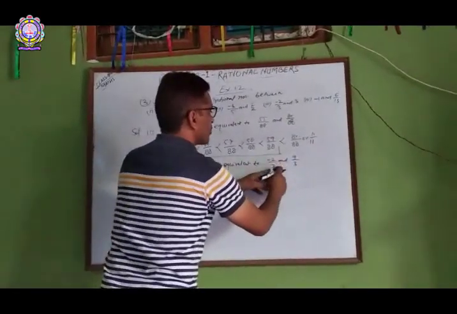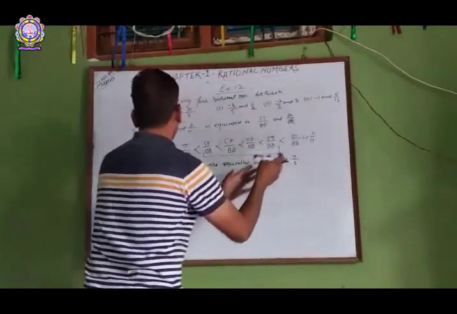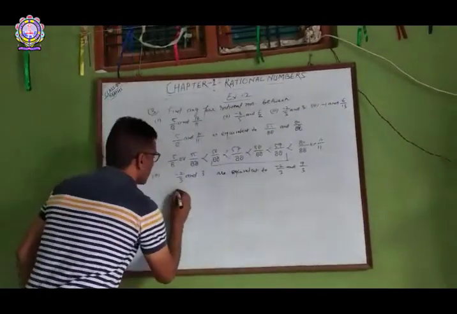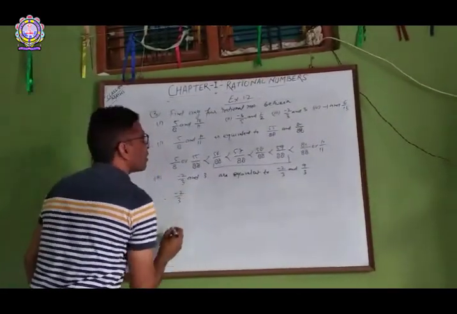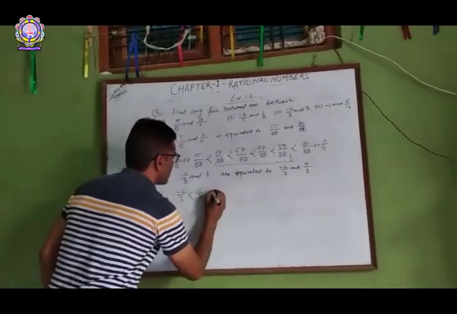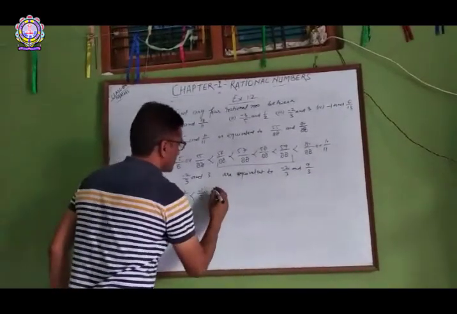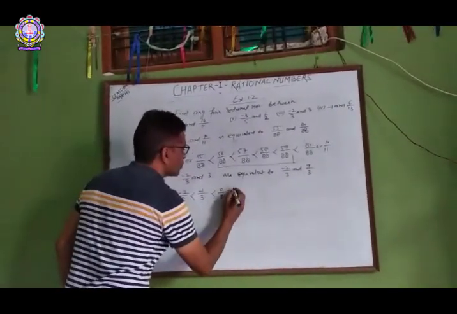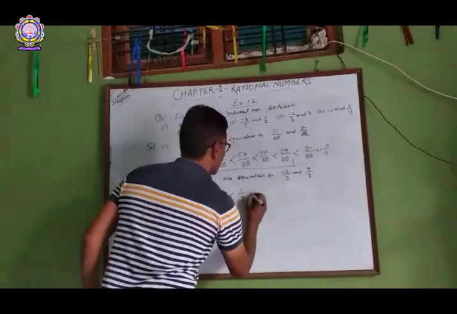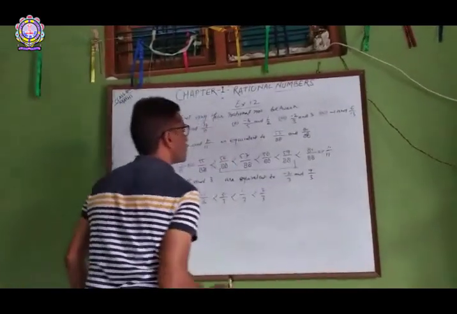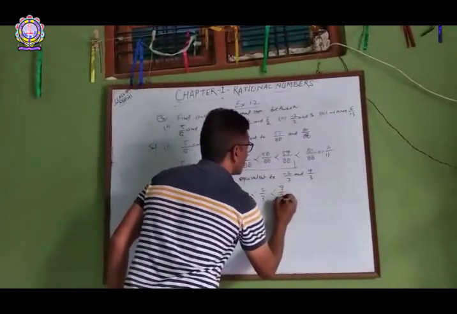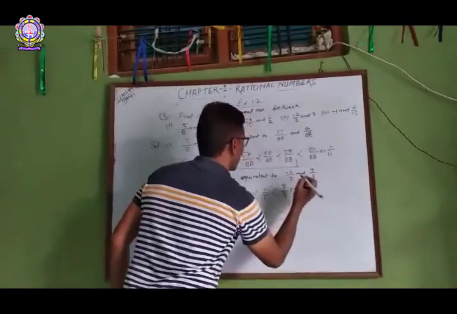In between -2/3 and 9/3, we can insert many rational numbers, such as minus 2 upon 3 is less than minus 1 upon 3 is less than 0 upon 3 or 0, less than 1 upon 3 is less than 2 upon 3 is less than 9 upon 3 or 3.